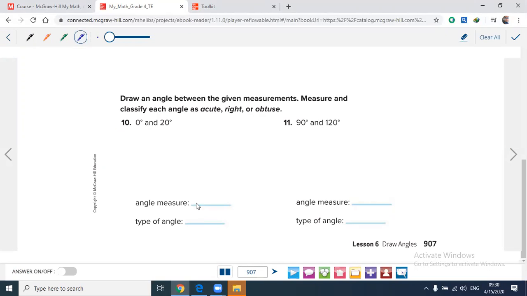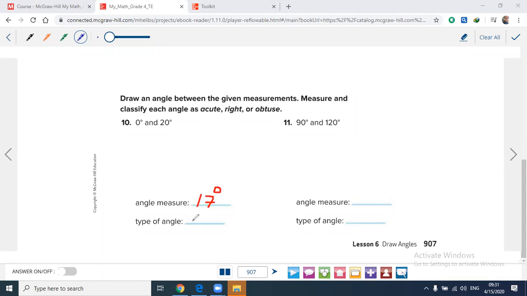I will write 17 degrees. And what is the type of the angle measured 17? Is 17 less than 90 or greater than 90? Yes, less than 90 means acute angle, as we learned before.